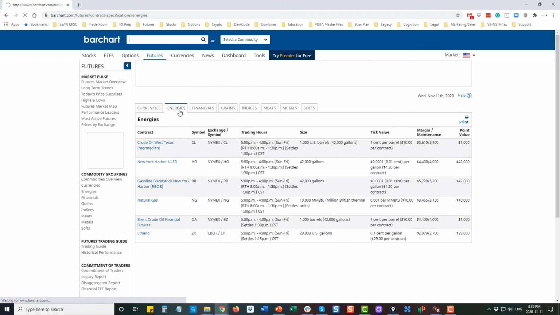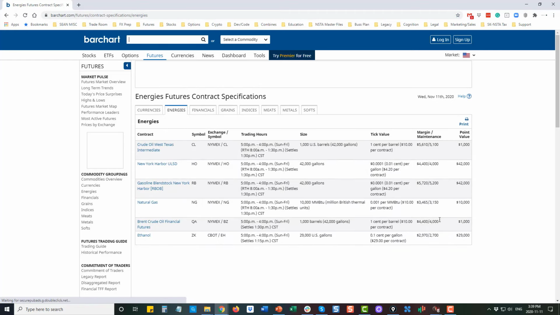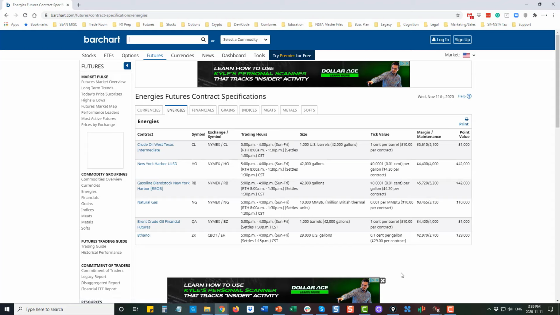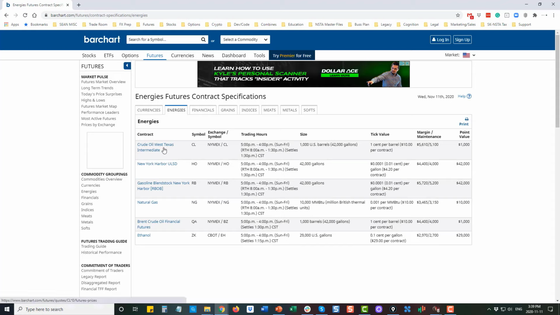If you see here, crude oil has the CL market, and it's telling us that it's moving in 1 cent increments, which is 1 tick. Every time it moves a tick, it's worth $10. Every time it moves 100 ticks, it's 1 point, and 1 point is worth $1,000.